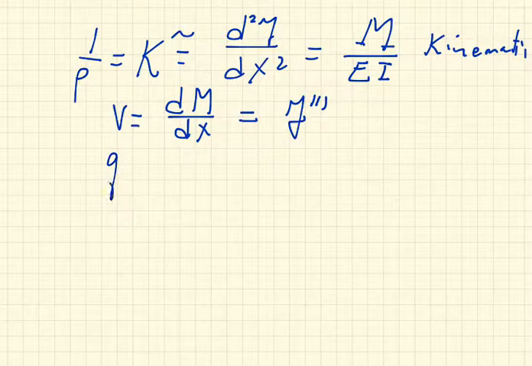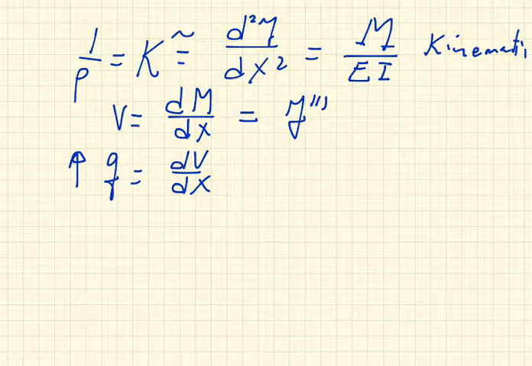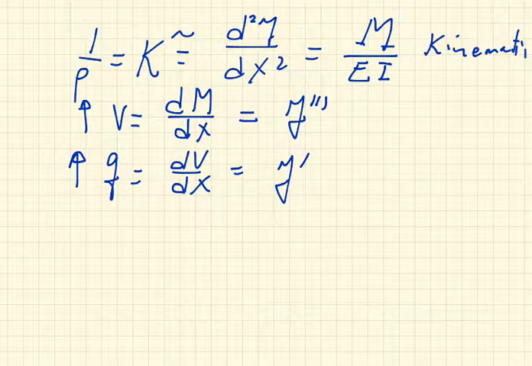And then we would have q equal to dV by dx. And notice that q positive is up here, and shear positive is up on our coordinate system. Then we would have q equal to y, now four derivatives of y itself.